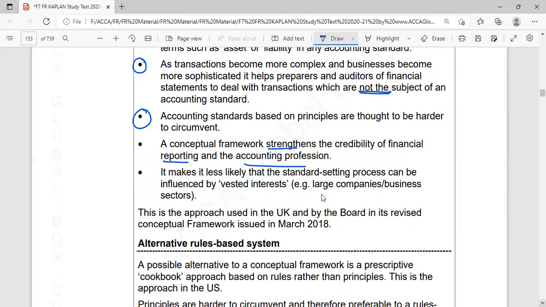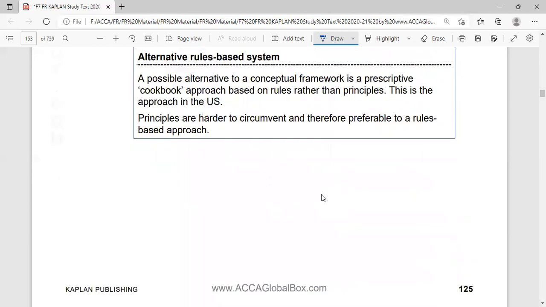Okay, then coming to the rules based approach. Till now we discussed the conceptual framework, which was framed based on principles based accounting. But coming to rules based accounting, we call it the cookbook approach. In that case, first they frame the rules, and the rules may vary from company to company.